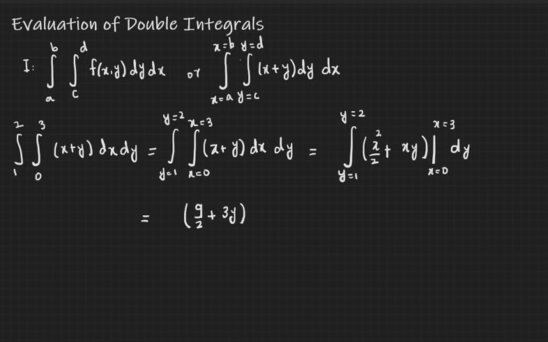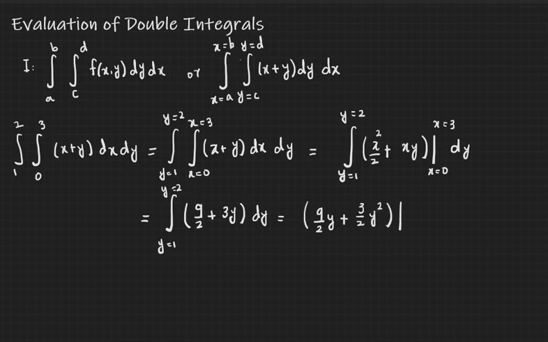Now this answer should be integrated with respect to y from y equals 1 to y equals 2. Integration of 9 over 2 plus 3y is equal to 9 over 2 times y, because we are integrating with respect to y, plus 3 over 2 y square.